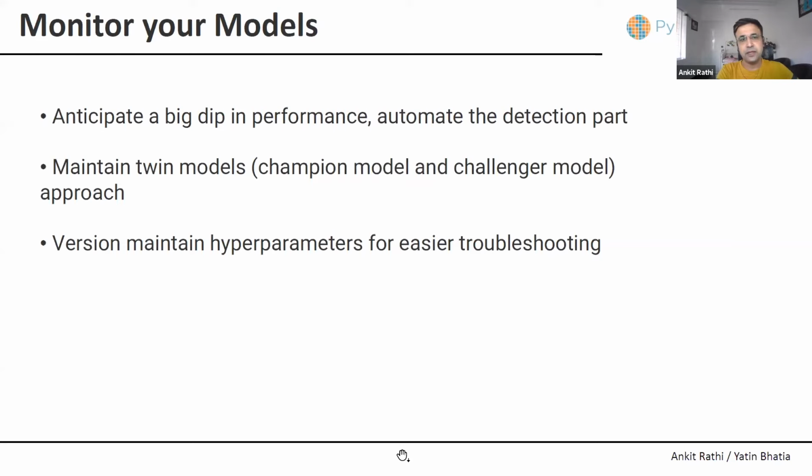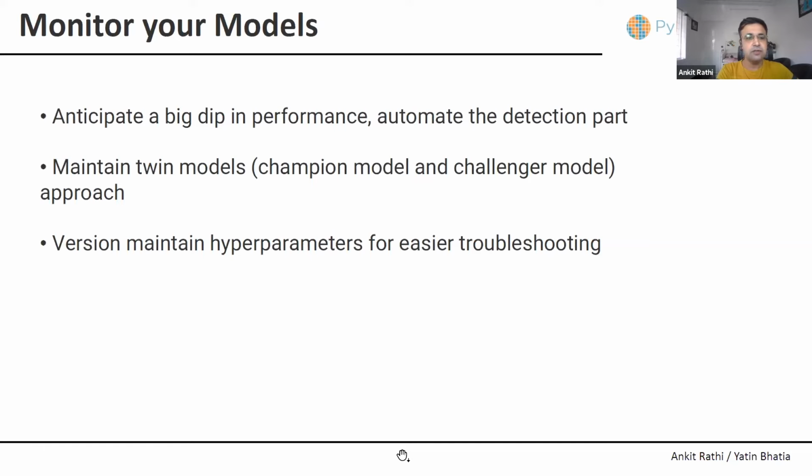And if the challenger model is better, we can reverse the role. We make it champion and put it into production, and the champion becomes the challenger. So it basically takes care of having different models for the same cause, without making much changes post production.